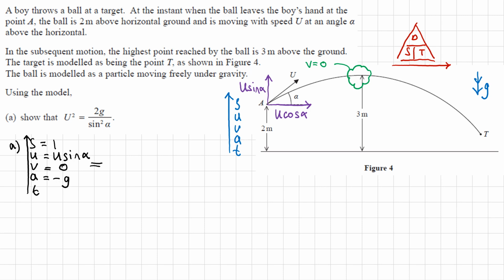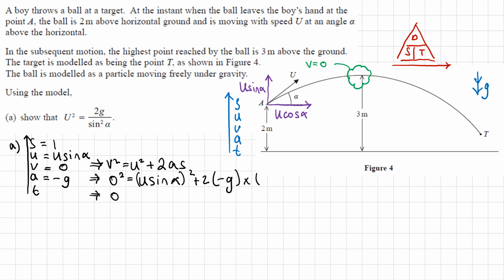So an equation that we can use for S, U, V and A, that's going to be v squared is equal to u squared plus 2as. So we can substitute that in. V squared will be 0 squared, u squared will basically be u sine alpha all squared. And then we add 2 times by a, which is negative g, times by s, which is 1.